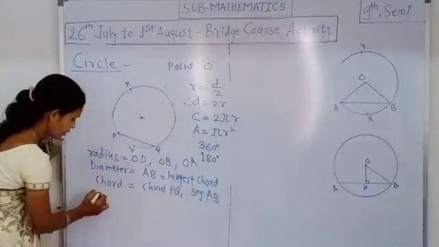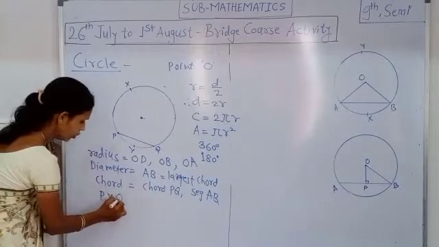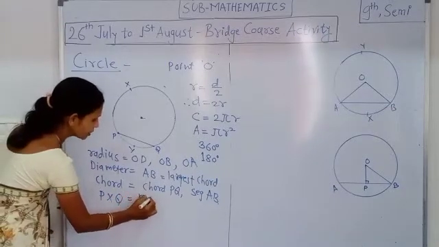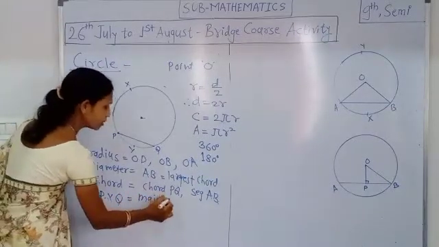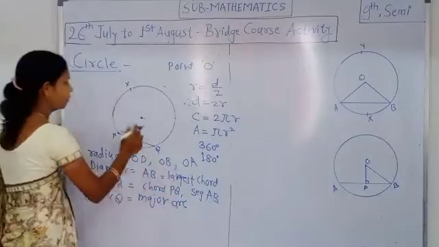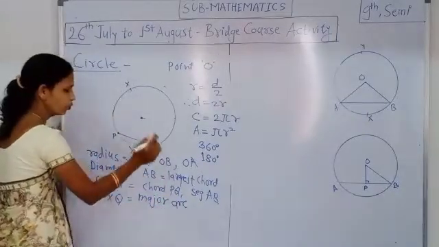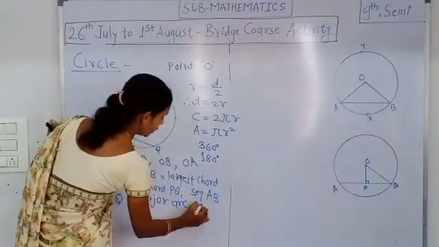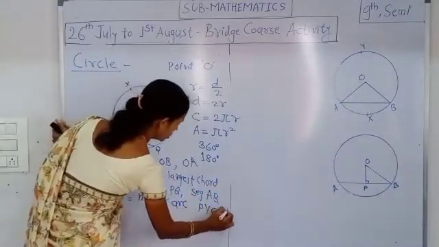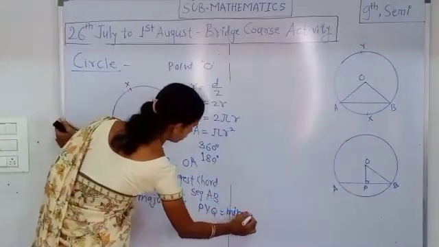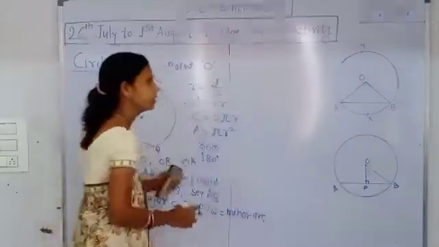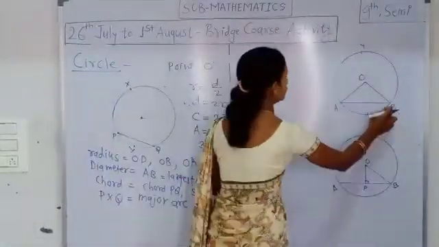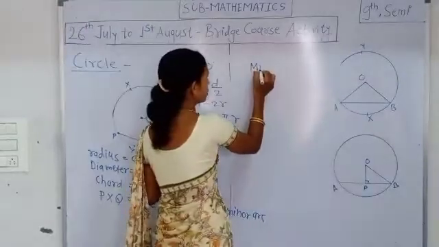PXQ is a major arc, whereas PYQ is a minor arc. Then see here, AXB is a minor arc.